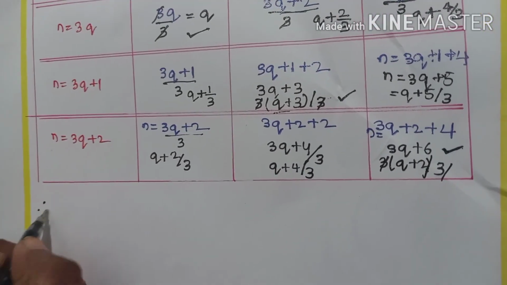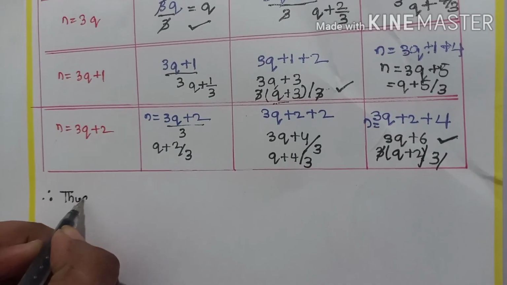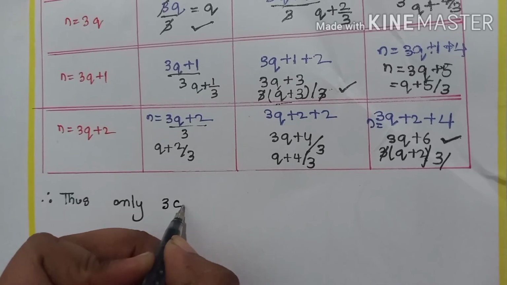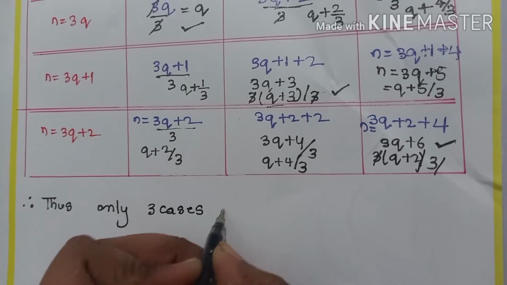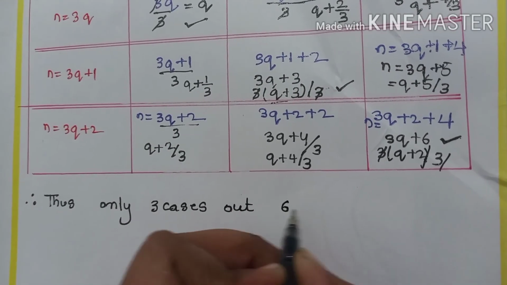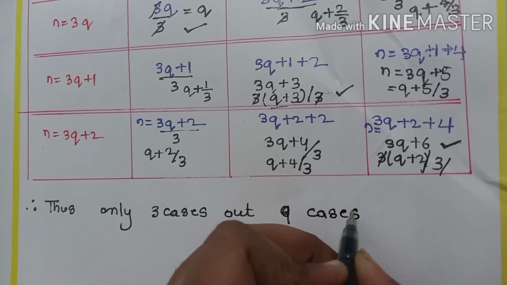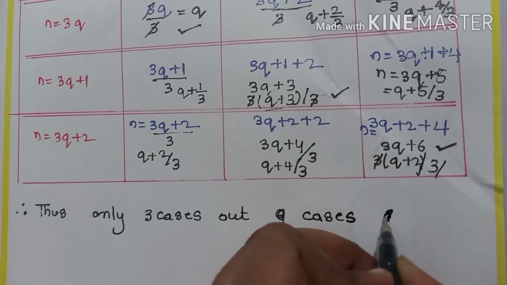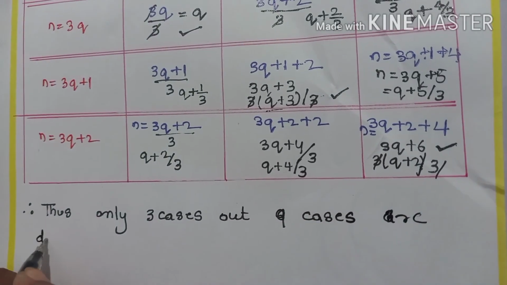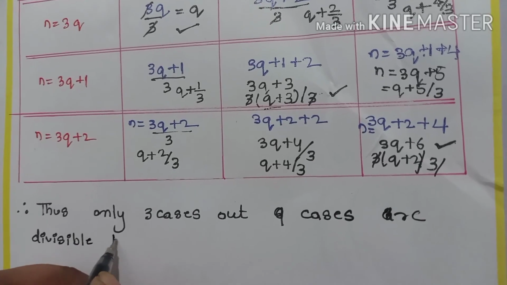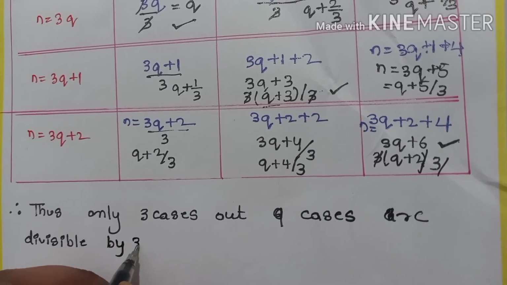So thus only 3 cases out of 9 cases are divisible by 3.